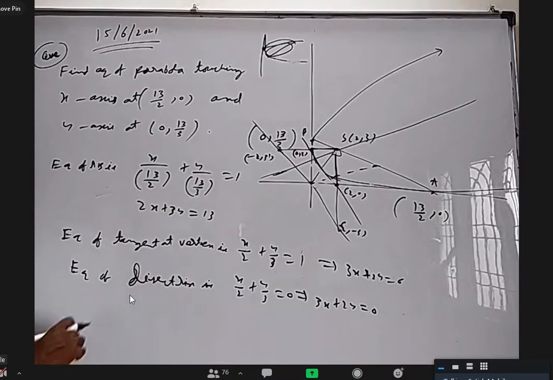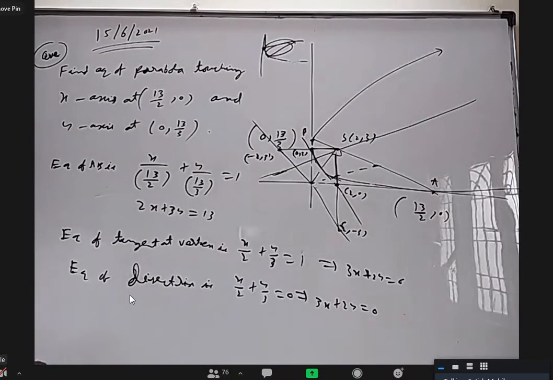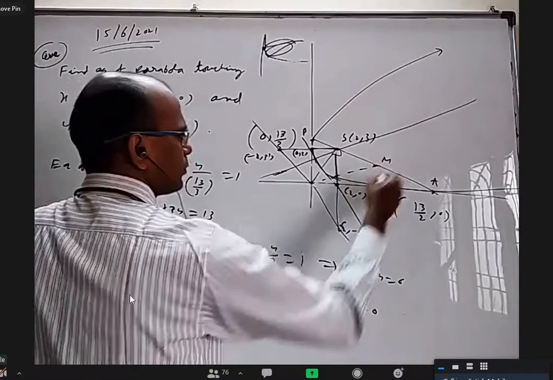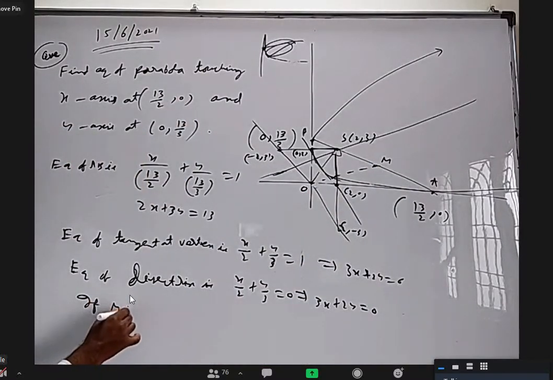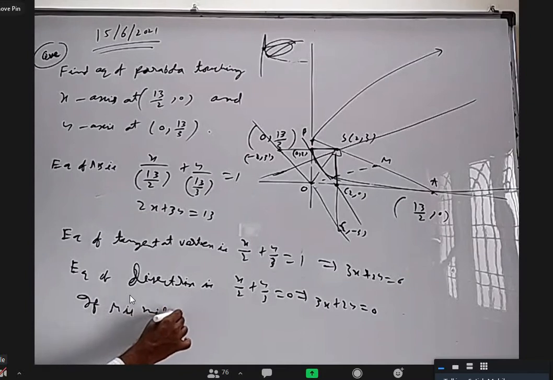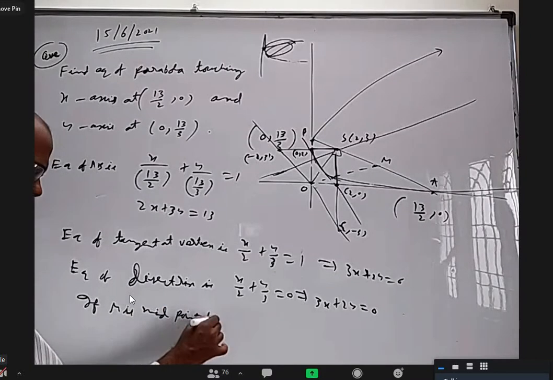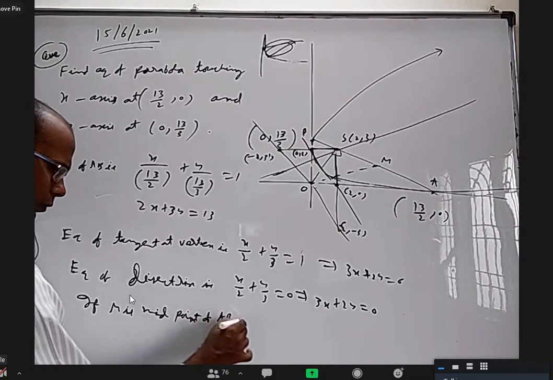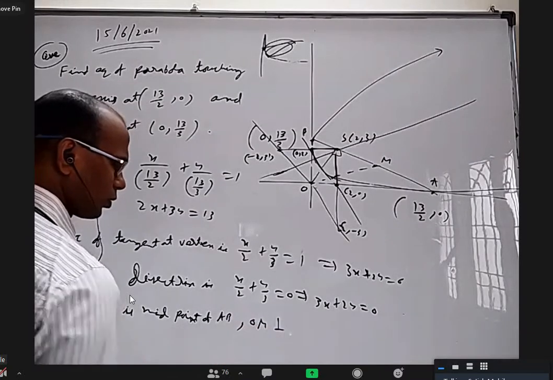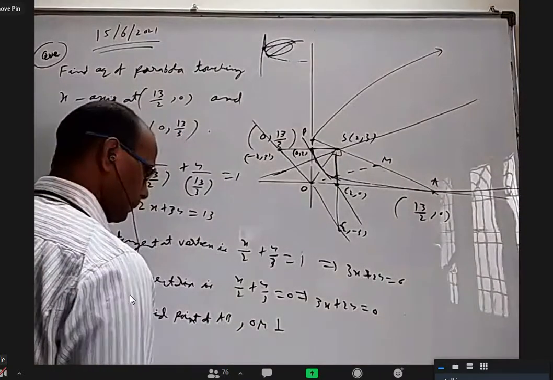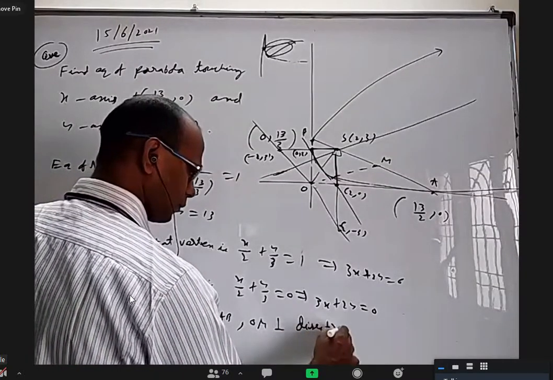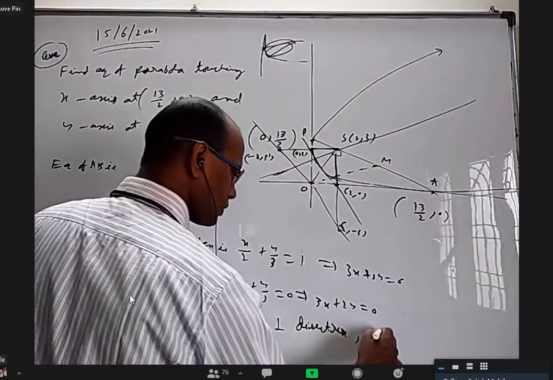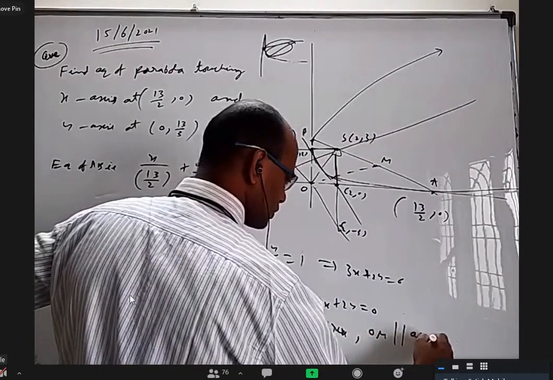Another point about the directrix is, this is M and this is O. If M is the midpoint of AB, OM is perpendicular to the directrix. Or you can say OM is parallel to the axis.